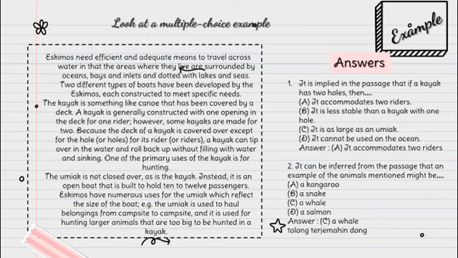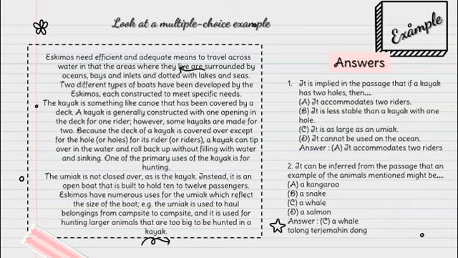The kayak is something like a canoe that has been covered by a deck. A kayak is generally constructed with one opening in the deck for one rider. However, some kayaks are made for two. Because the deck of a kayak is covered over except for the hole or holes for its rider or riders, a kayak can tip over in the water and roll back up without filling with water and sinking.